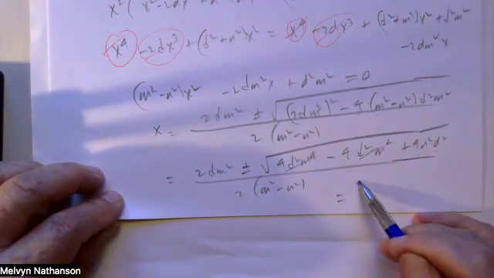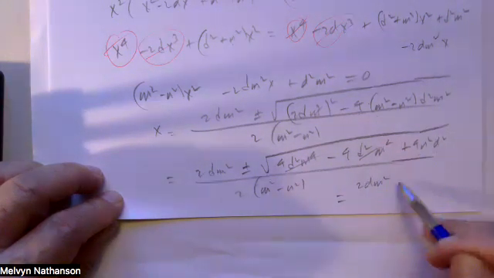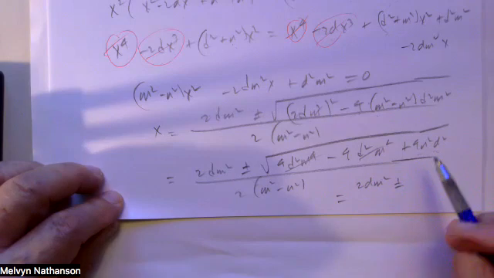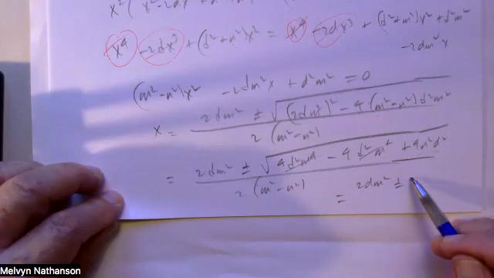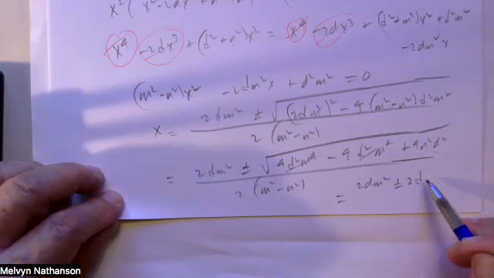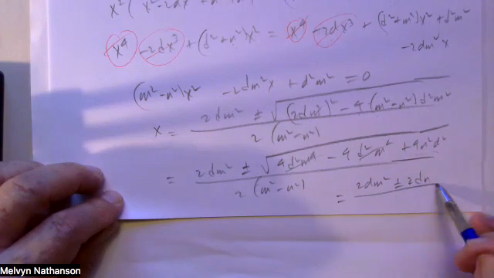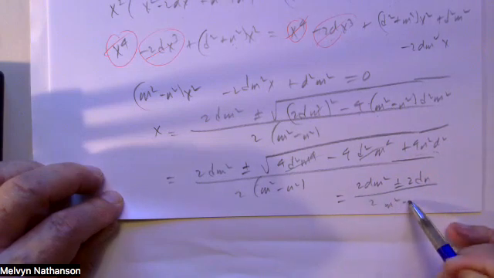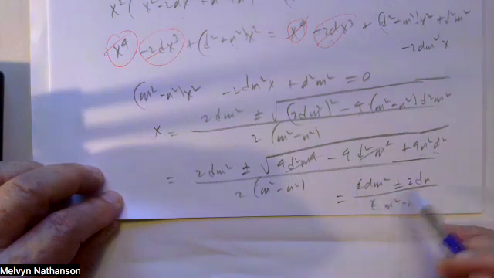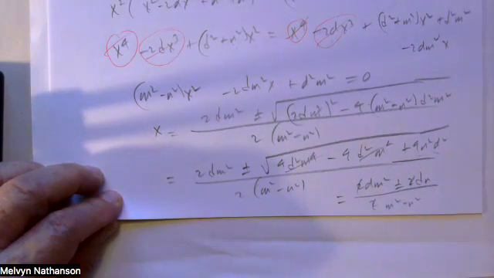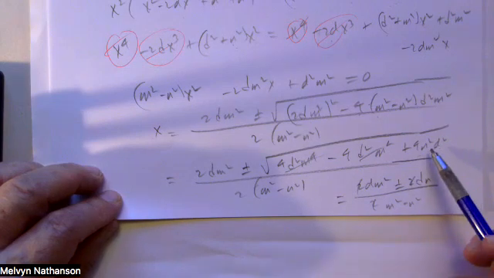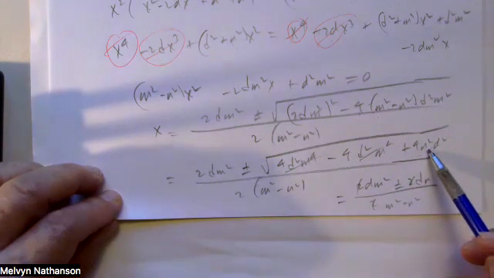So this looks like 2d m squared plus or minus 2dn over 2 (m squared minus n squared). The 2's cancel. And it would be nice if this were an n to the fourth instead of an n squared.